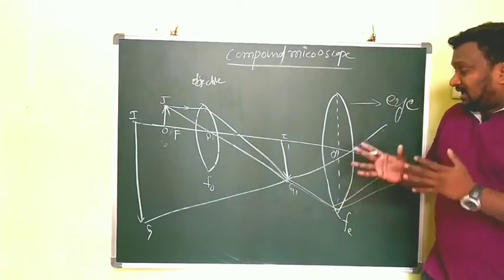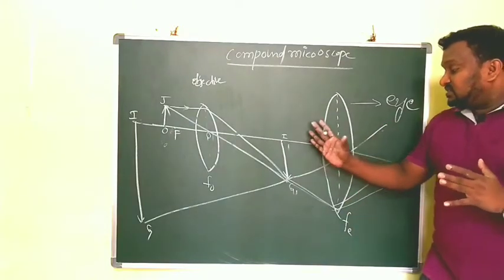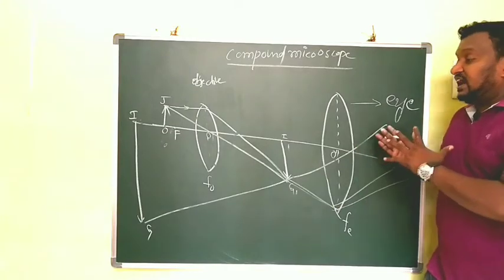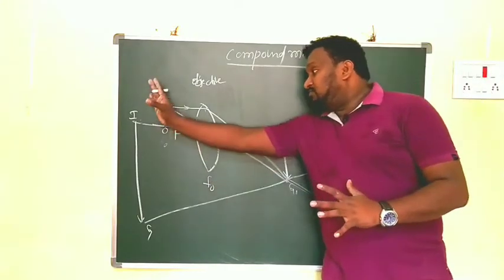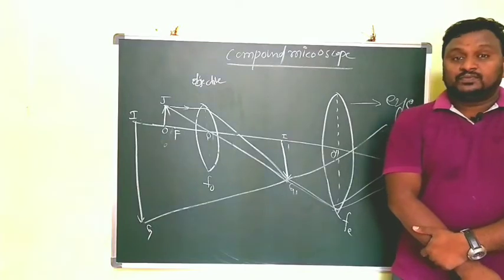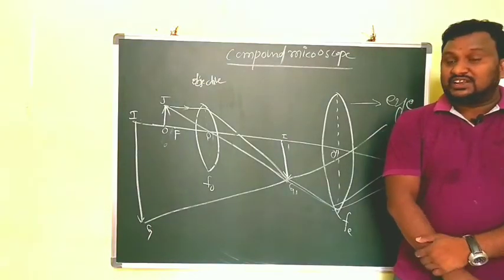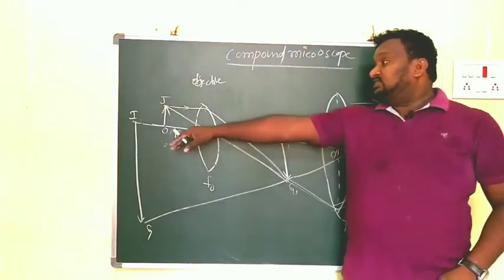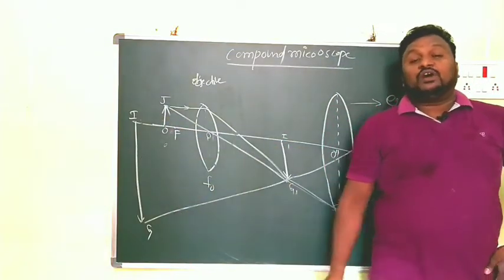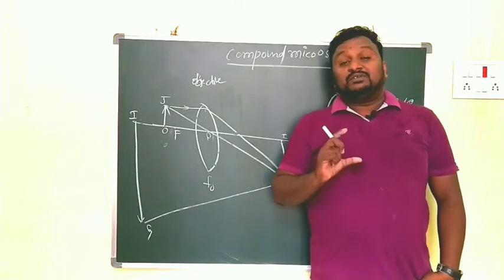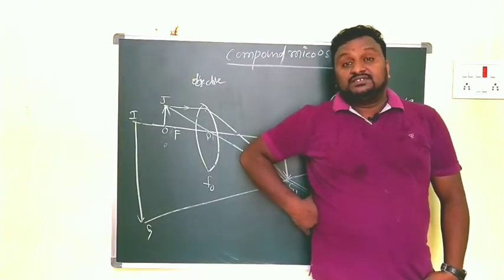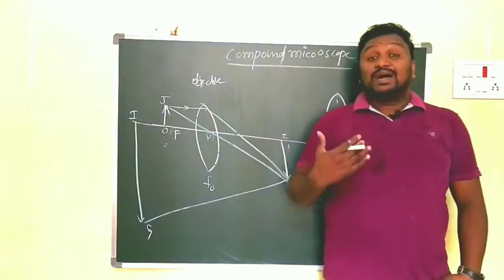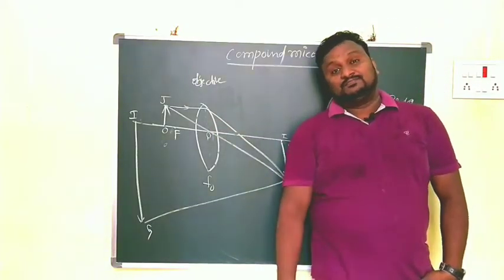Now in this case, I1Z1 acts as the object for the eye lens, and that eye lens forms the final image. Children, the final image of the object is OZ. We have a very small object, but we are getting a very big size. So by taking the combination of lenses, the magnifying power increases.